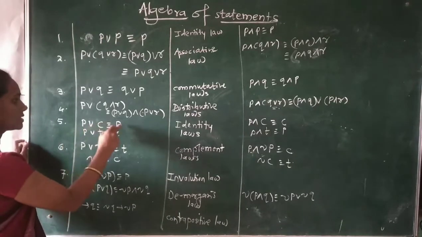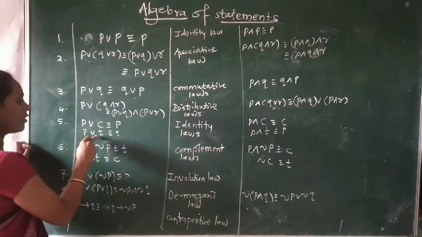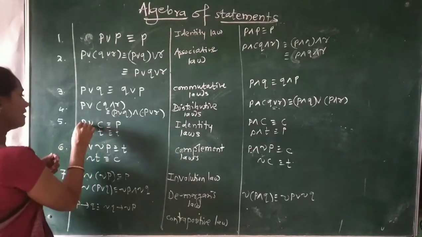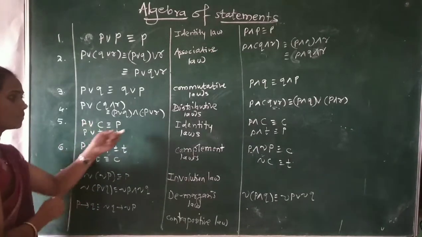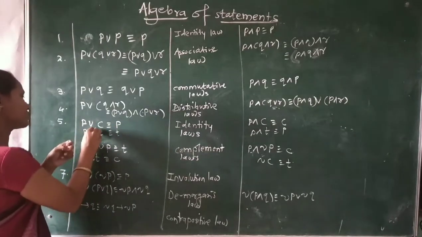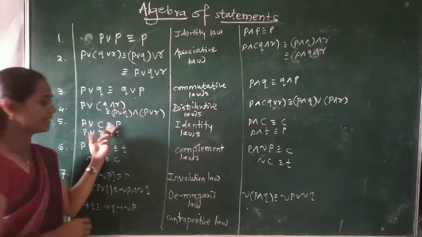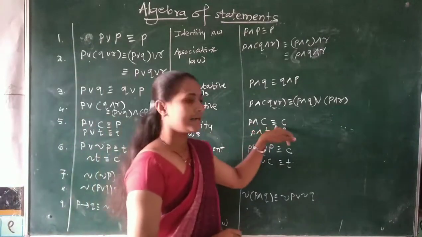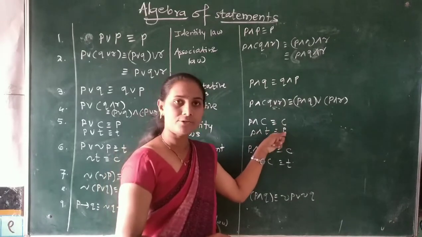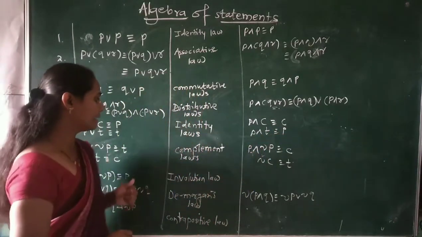So P or C is equal to P, or P or T, where T means tautology, is equal to T. If we take disjunction with contradiction, then we get the statement, and if we take disjunction with tautology, we get T. Similarly, P and C is equivalent to C, and P and T is equivalent to P. It's called as identity law.